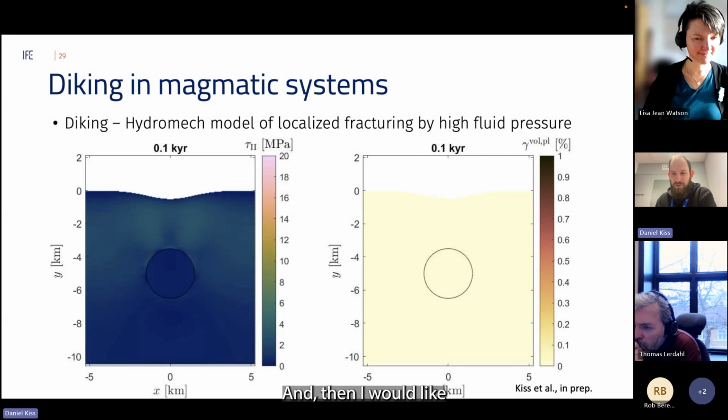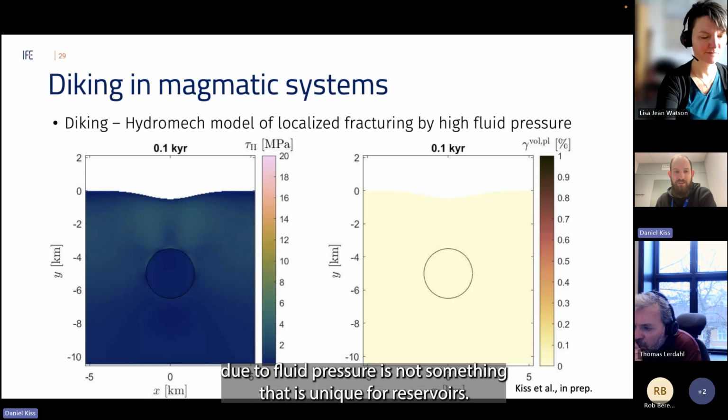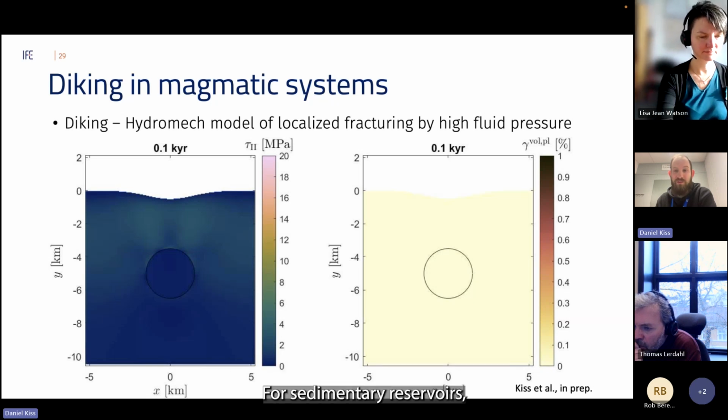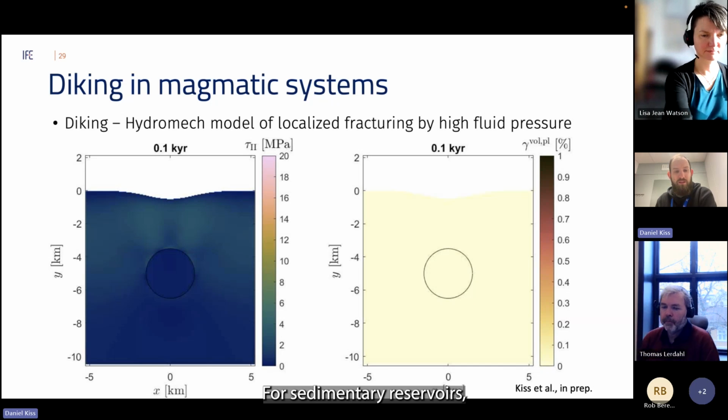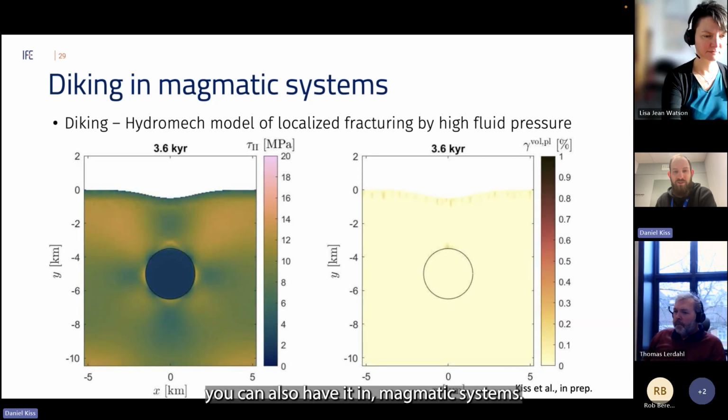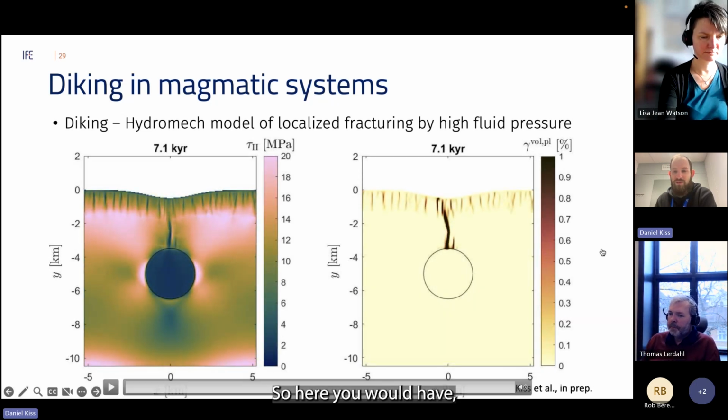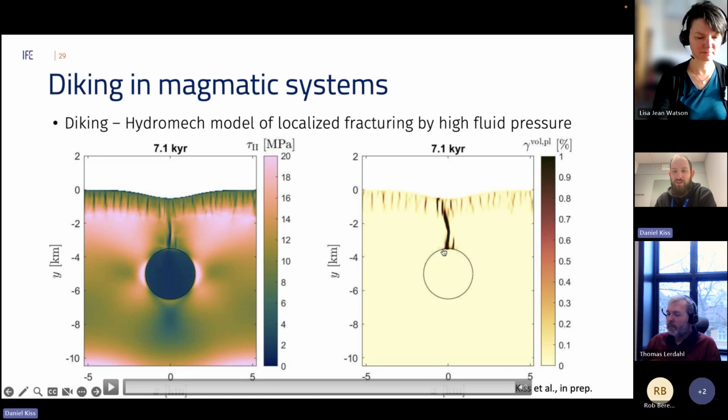And then I would like just to illustrate that hydromechanical fracturing due to fluid pressure is not something that is unique for sedimentary reservoirs. You can also have it in magmatic systems. So here you would have a magma chamber with high fluid pressure.